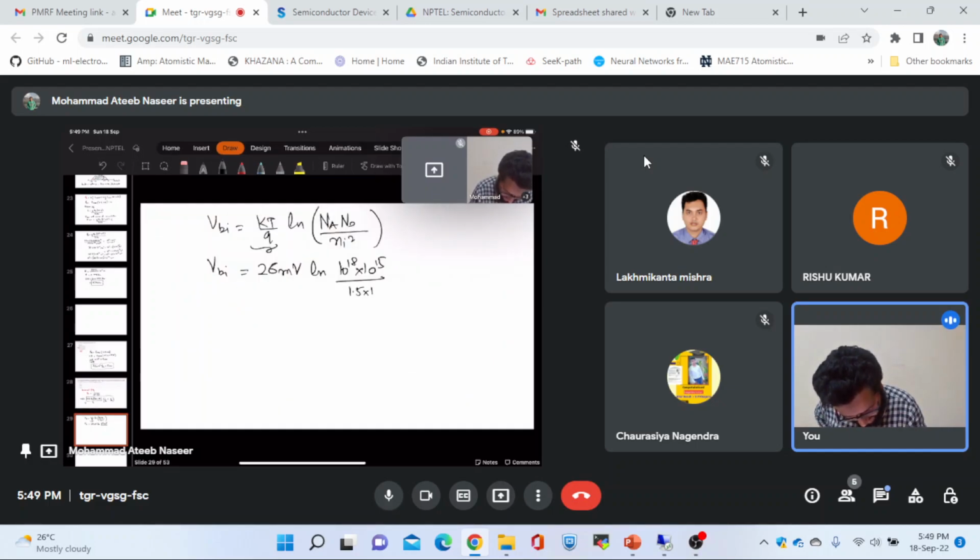This will be squared and ये हमारा ln में रहेगा. तो अगर हम, so let us solve this for this VBI. This VBI will simply be equal to 26... Now, it should be equal to 0.76 volt.